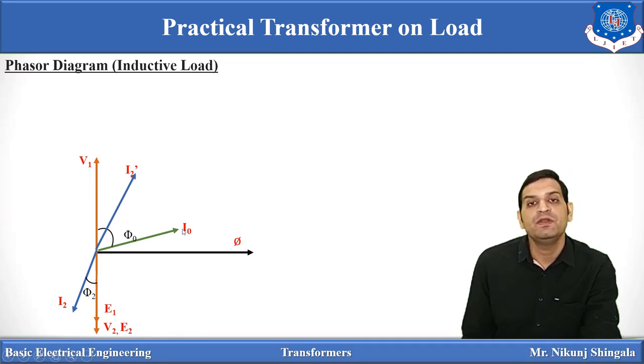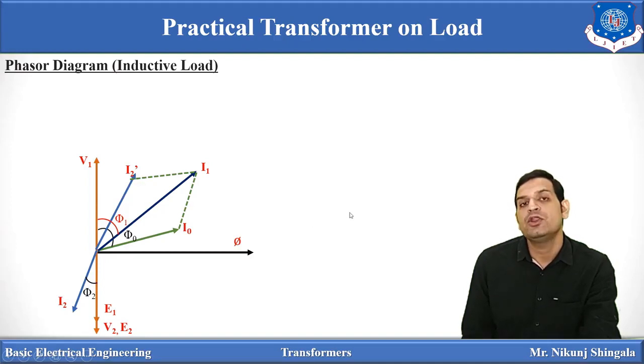The angle between V1 and I0 is phi 0. Now the input current is the phasor sum of I2 dash and I0. So this is the final resultant phasor, that is I1, and the phase angle between V1 and I1 is phi 1. So this phasor diagram is drawn when the load is assumed to be inductive. Similarly, you can draw the phasor diagram for a capacitive load also.